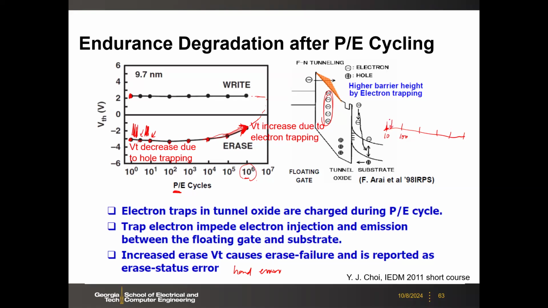Typically, I would suggest you do 10, 20, 50, 100, 200, 500, and 1000. You do this kind of points along this log scale, and then you plot the trend. This is also typically done in the literature.